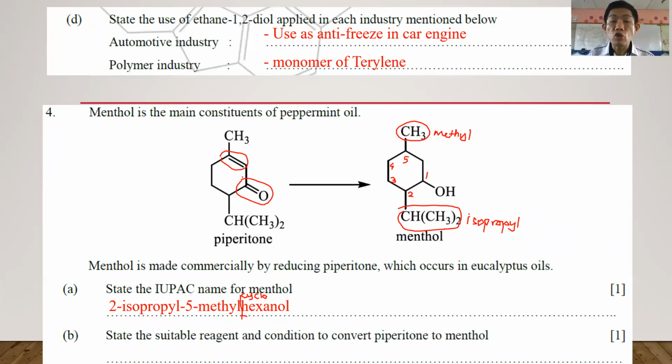And for your information, hydrogen and nickel can also be used as a reducing agent to reduce a ketone to become a secondary alcohol. Therefore, the best and suitable reagent and condition to convert piperitone to menthol is hydrogen and nickel under reflux, or under heating also can. Okay, so that is how you convert piperitone to become menthol.